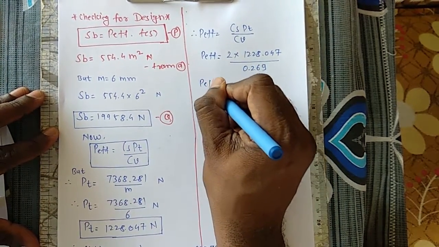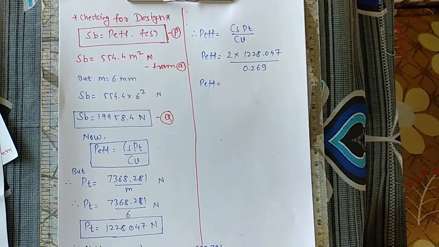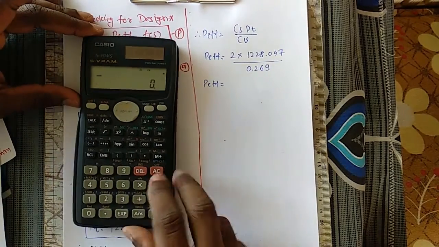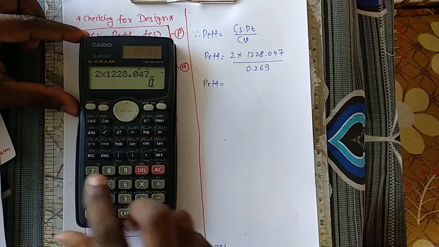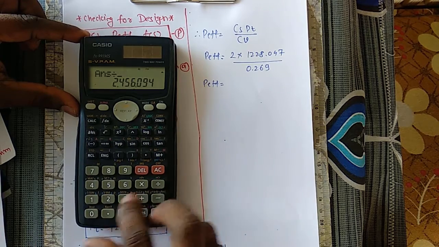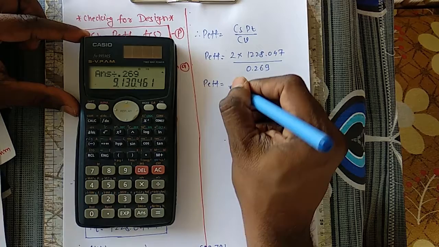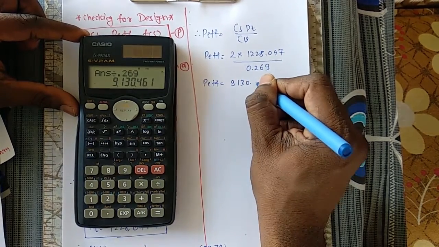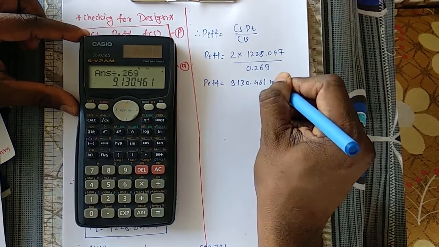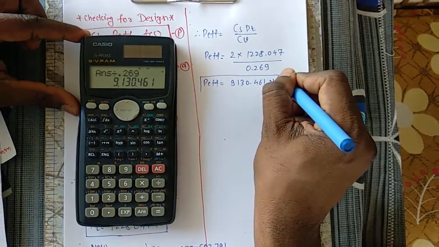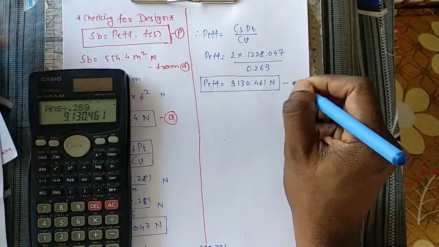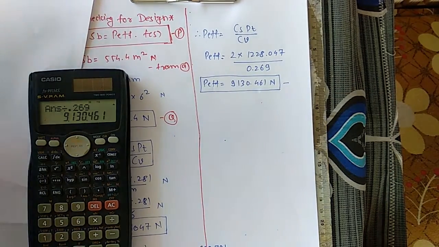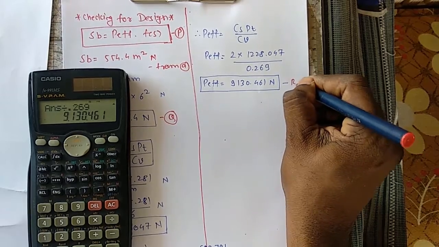So it will be 2 into 1228.047 divided by 0.269. So P effective is 9130.461 Newton. This is the value of P effective which I got right now, and I will mark this as equation R.